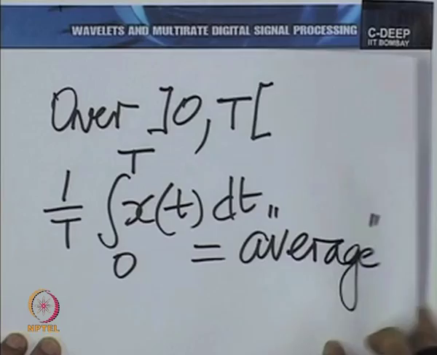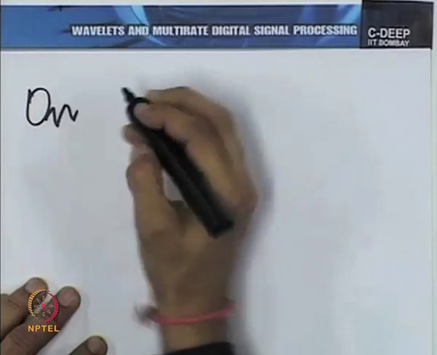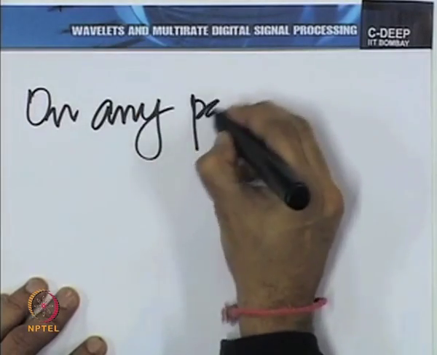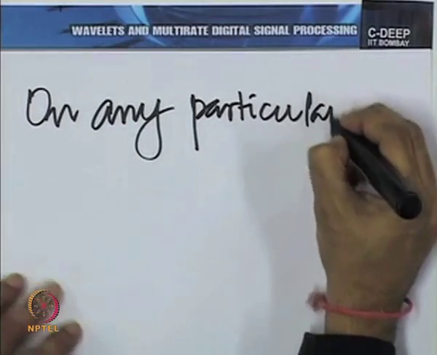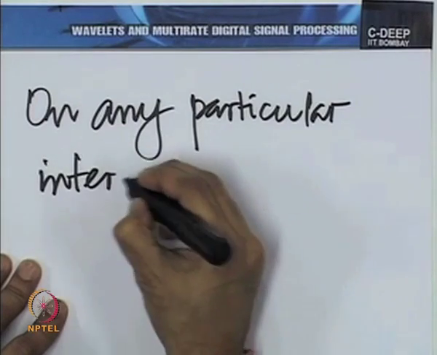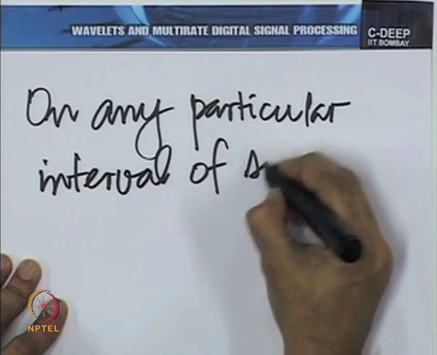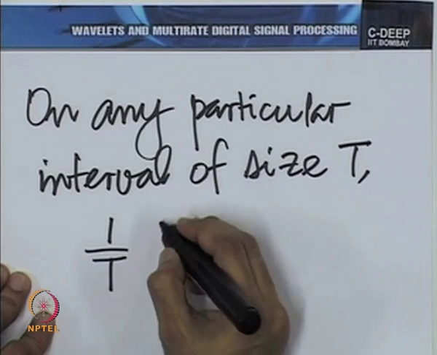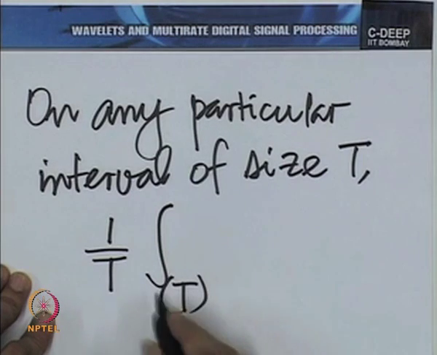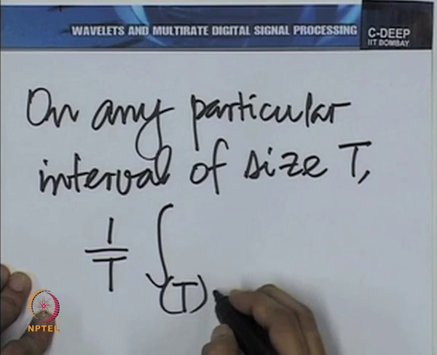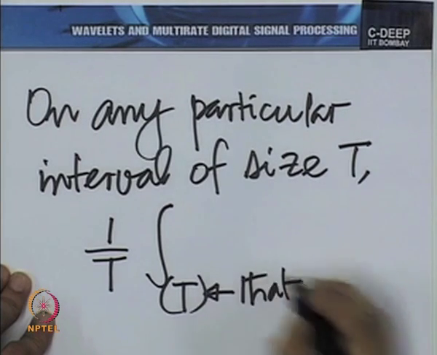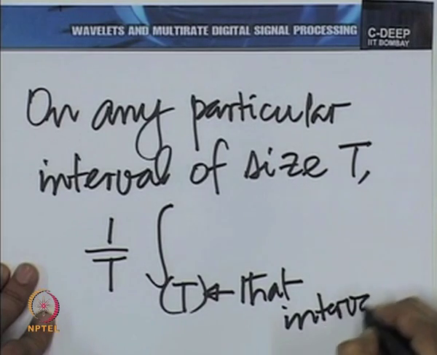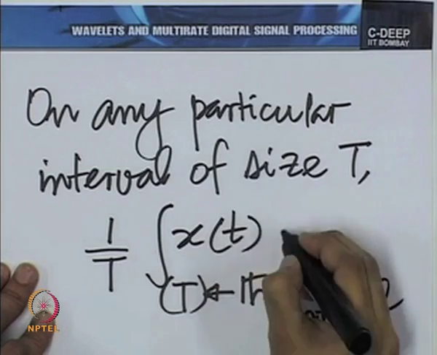Now, of course, on any particular interval of t the same holds. So, we say that on any particular interval of size t, the average would be obtained by 1 by t integral over that interval of x of t with respect to small t. When you write it like this, you mean that particular interval of t.